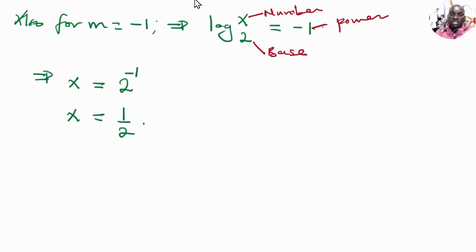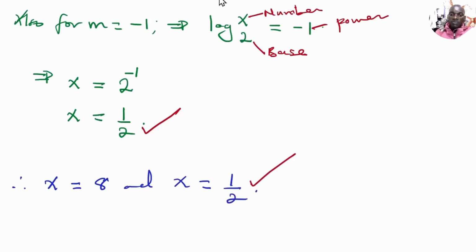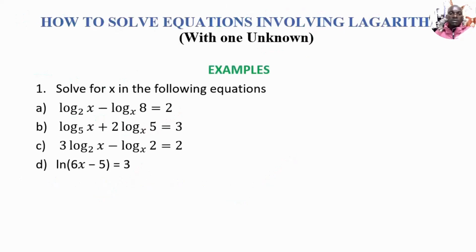So this is the second answer for the value of x. Let us now conclude. For part A, x equals 8, and x equals a half. So these are the values of x. We can now proceed to part B of the question.